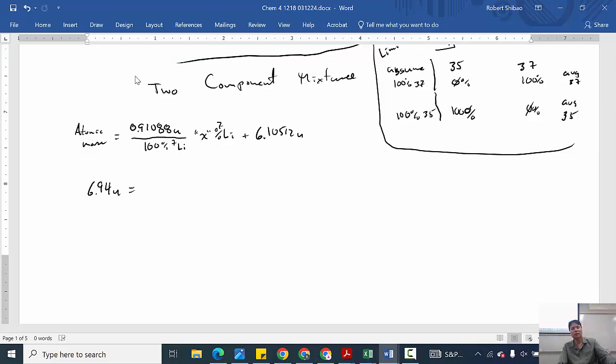And then solve for this. So I'm going to get X percent lithium 7 is going to equal 6.94 minus 6.10512. So 6.94 minus 6.10512 equals that.